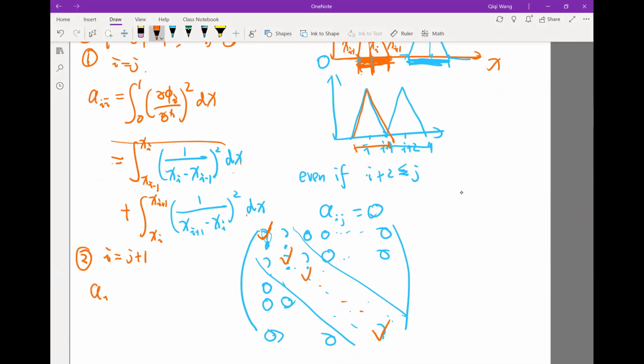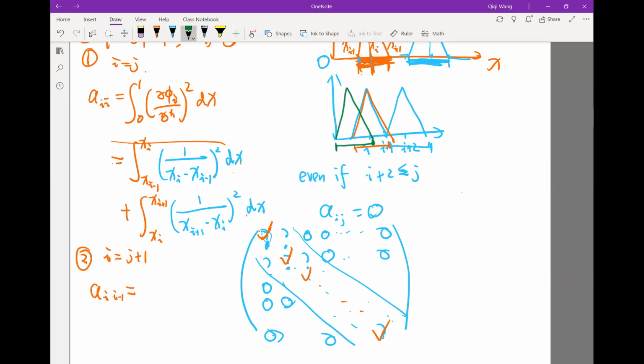So let me just say i equal to j plus 1. So a of i and i minus 1 is equal to what? Now this is the case where I have phi i and a green one, phi i minus 1, that is like that. Okay, so its non-zero region is this.